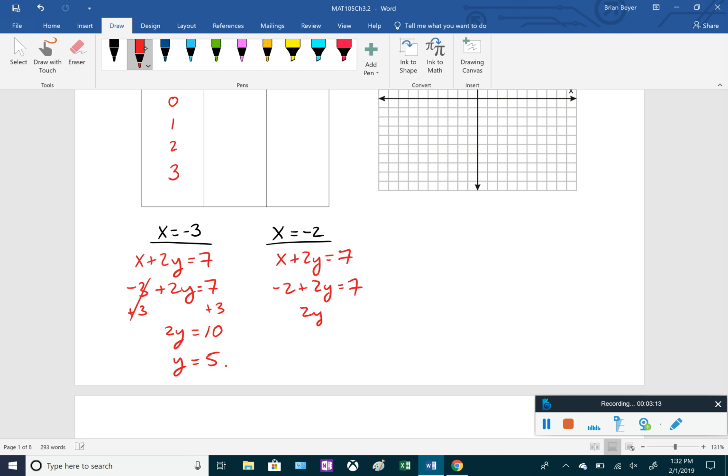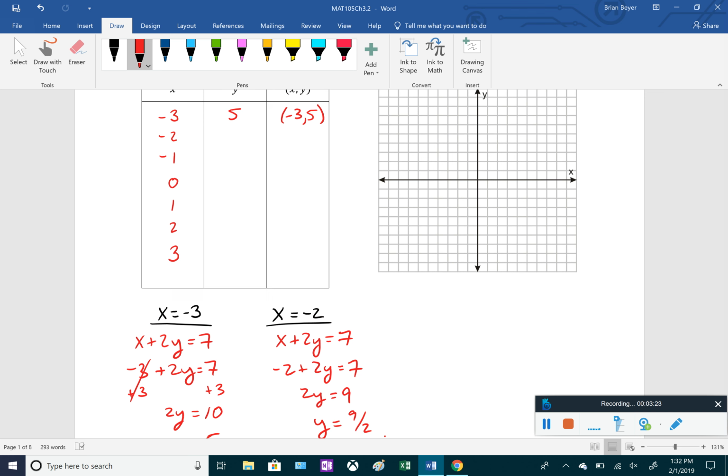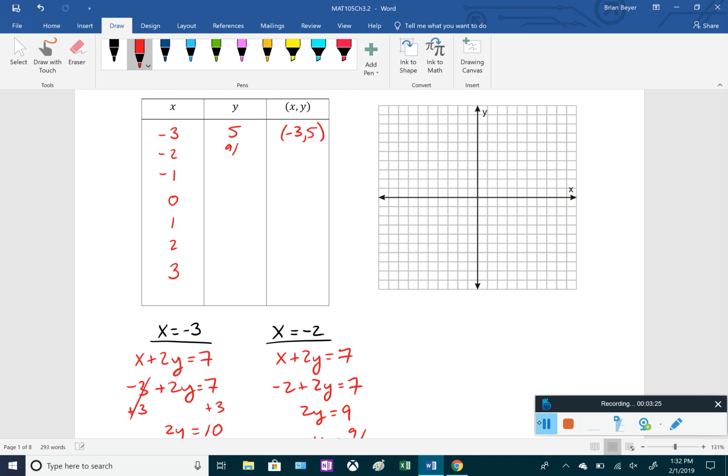We would get 2y equals 9. Divide both sides by 2. We get y equals 9/2. So that's the y coordinate. That's going to give us the xy coordinate of -2, 9/2.